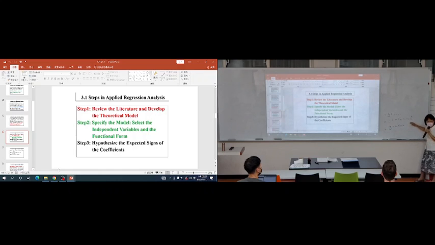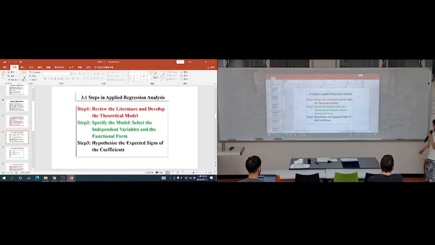This form is extended from the first power into the second power. So the functional form of the first one and the second one are different, but they do have the same x1 variable.